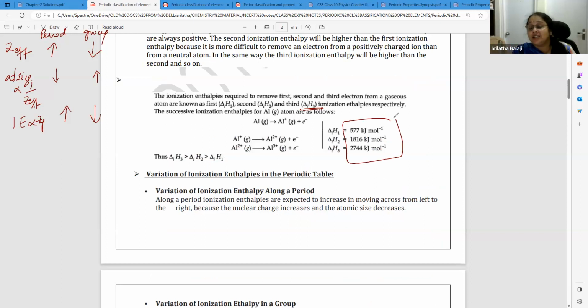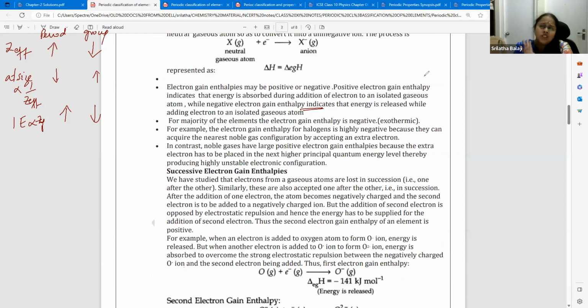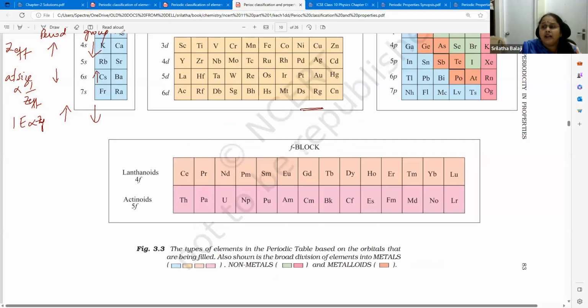Less positive means less energy is absorbed. So here, in the case of electron gain enthalpy, by and large we will encounter only negative values. Only inert gases will have positive, the rest all negative. So the values can be more negative or less negative. So what do you mean by more negative and less negative here? Okay. See, for example, I'll take you through your textbook.